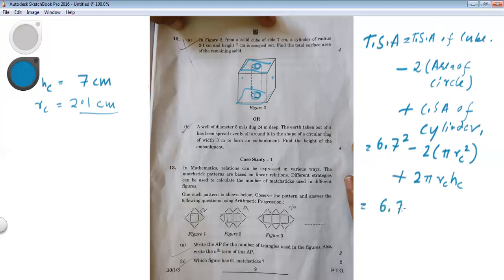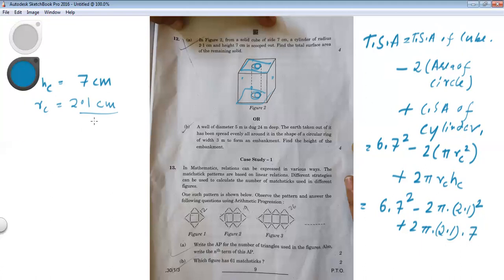So 6 into 7 square minus 2 pi into 2.1, right? 2.1 whole square plus 2 pi into 2.1 into 7.